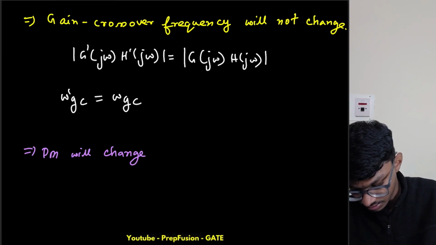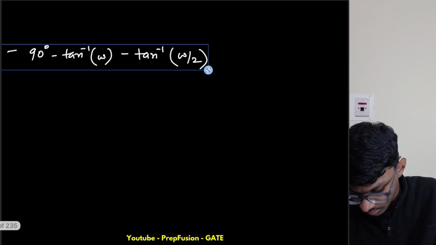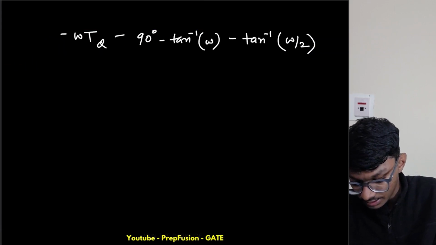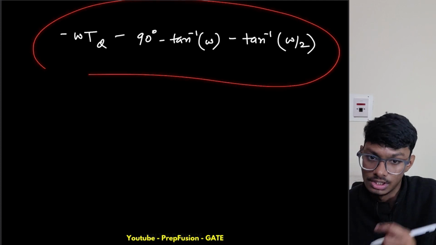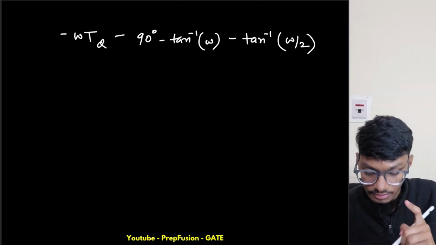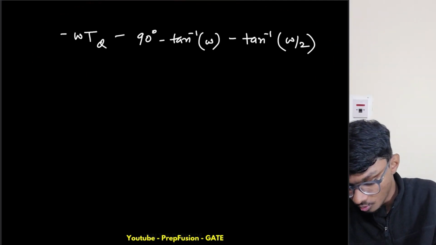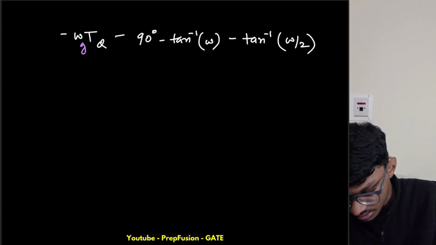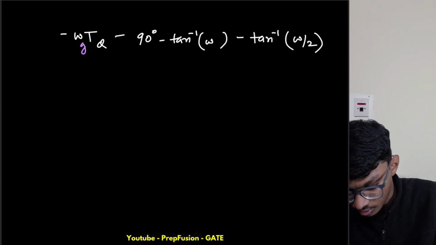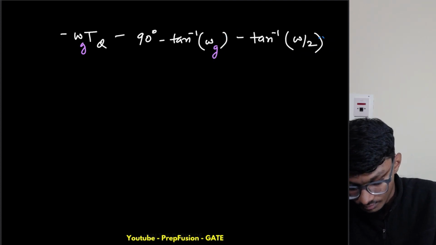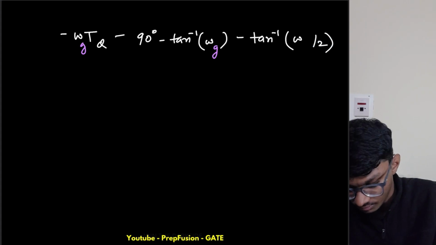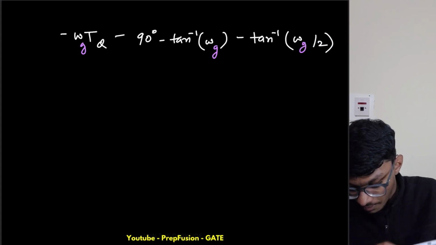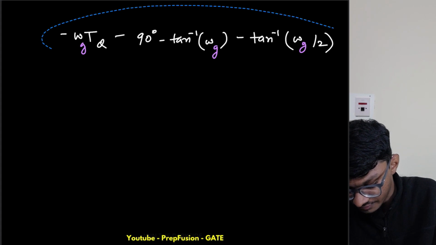This is the second case. So this is my angle for the second case. And what is my phase margin? Phase margin is 180 plus this angle at omega g, and omega g is the same. So 180 plus this angle is my phase margin basically.